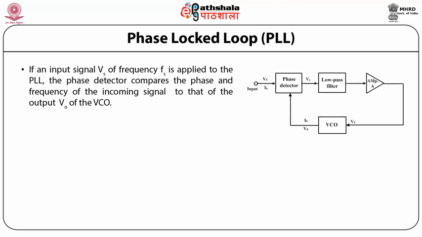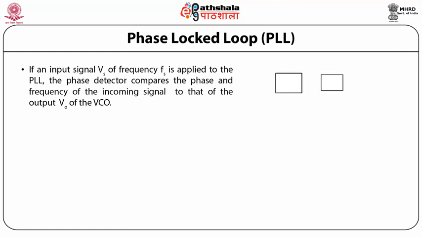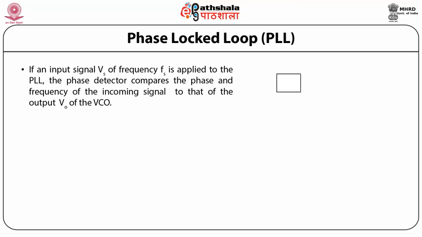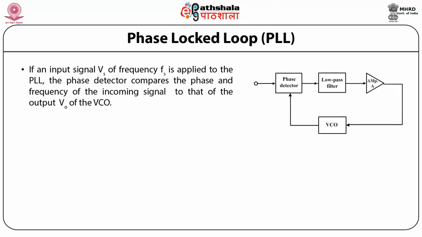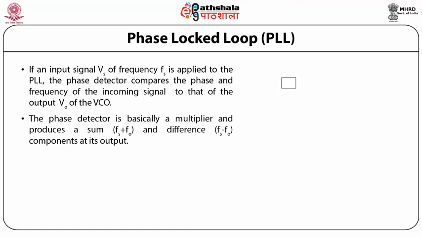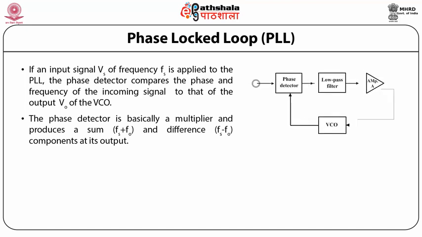If the two signals differ in frequency or in phase, an error voltage VE is generated. The phase detector is basically a multiplier and produces a sum, Fs plus F0, and a difference, Fs minus F0, component at its output.